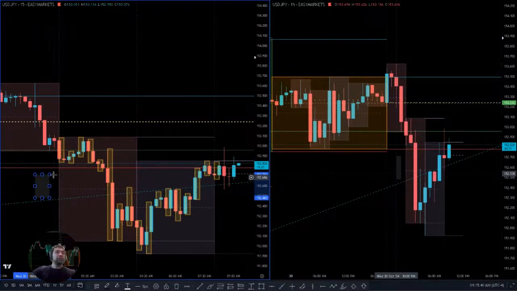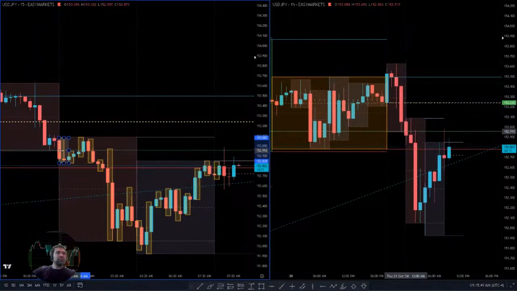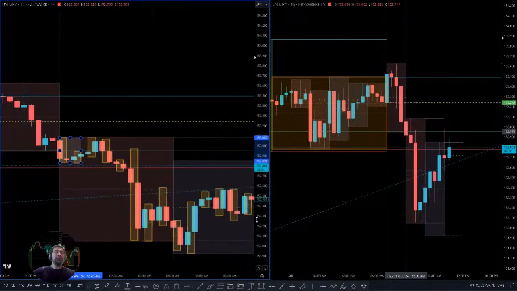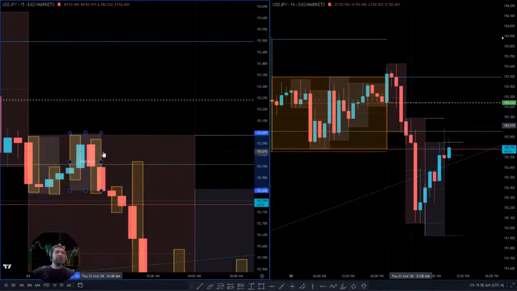Okay, so this is our 4 hour structure, sorry, 1 hour structure that we are looking at. And guys, do your candlestick math in your mind. See, the price is opening around here, price is closing around there.